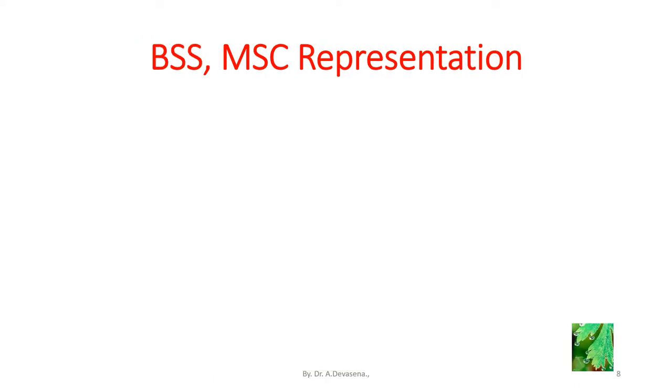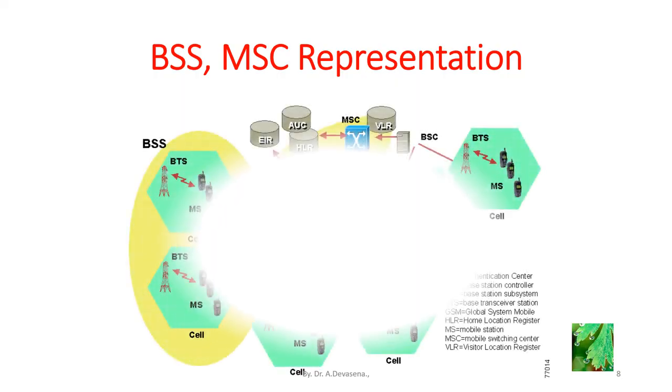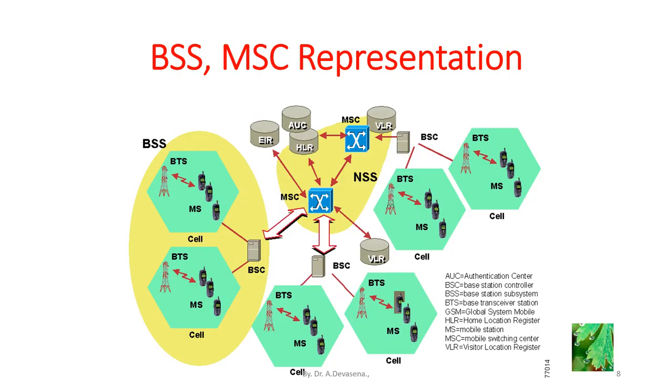Here is another representation of BSS and MSC. BSS comprises of BTS. BTS is connected to BSC. BSS means base station subsystem. BTS means base transceiver station. BSC means base station controller.